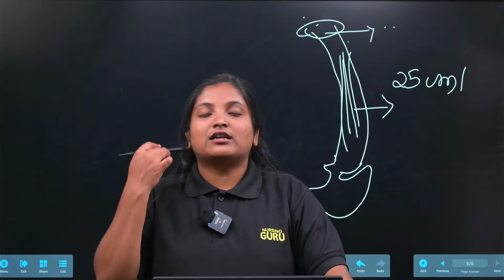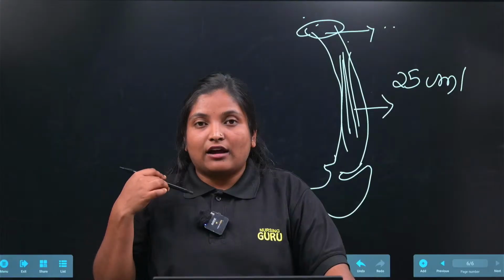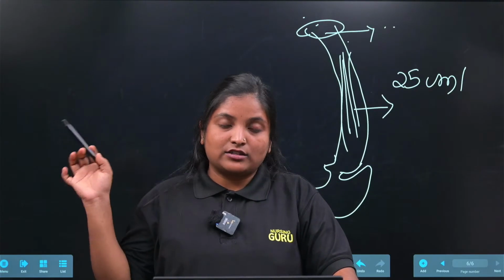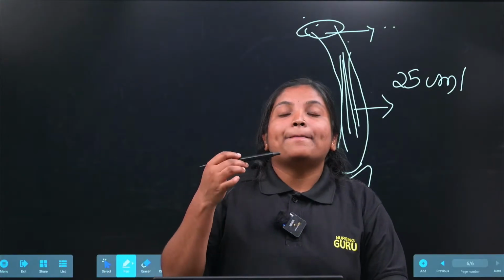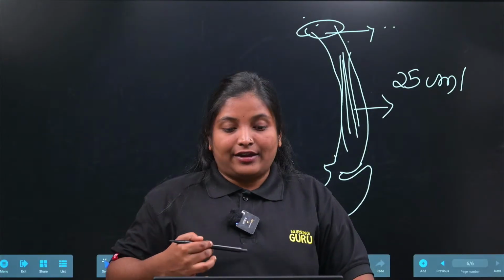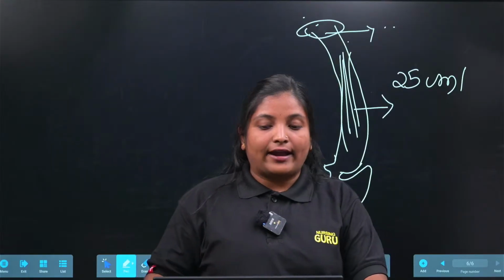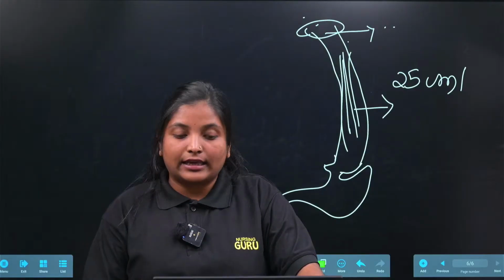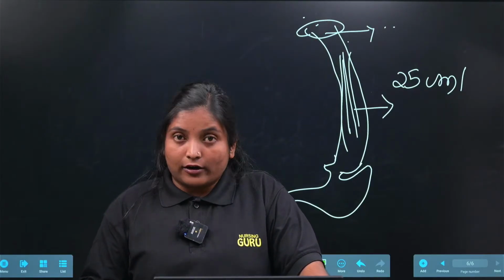Once it is chewed and mixed, in the third stage of deglutition, which we will see later in physiology, it travels through the esophagus. The next one: the anatomy of the esophagus is important. Why?